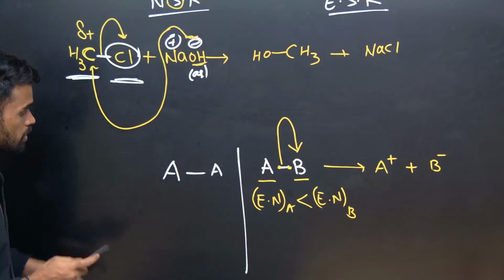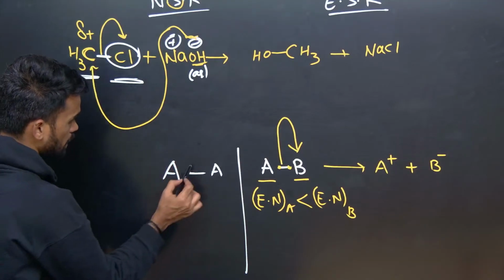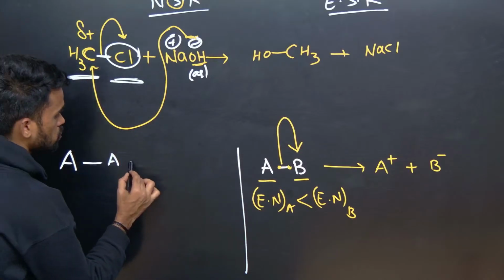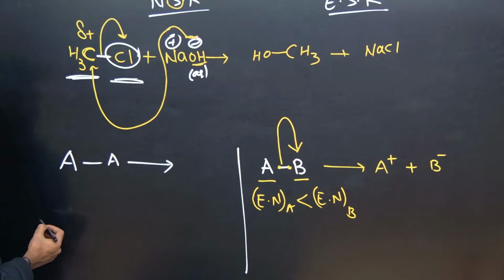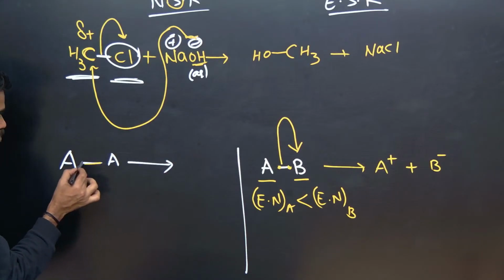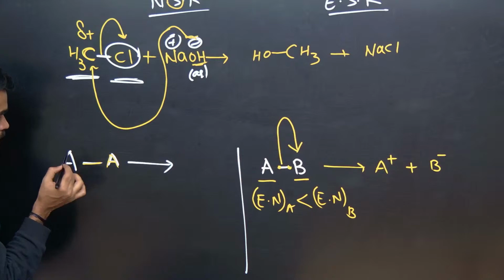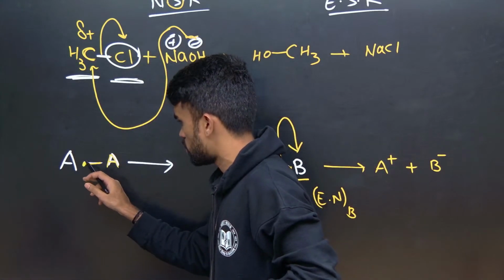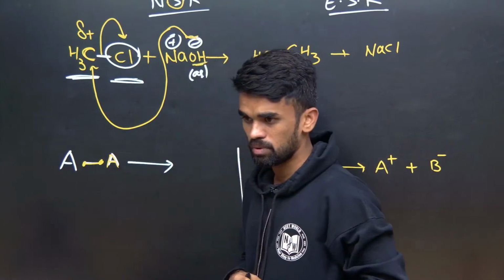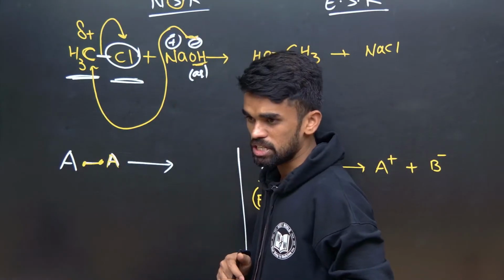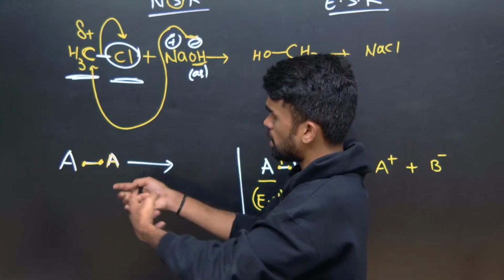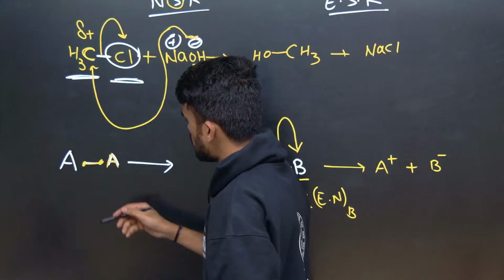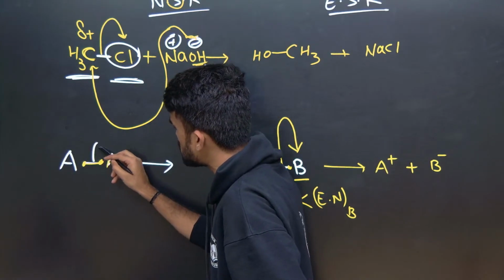Now if you look at this AA type molecule, if I want to break this bond, both A atoms are of the same nature. So there is no polarity in this bond because their electronegativities are the same. In this condition, the energies and everything are the same for both atoms, so bond cleavage will take place into two equal halves.